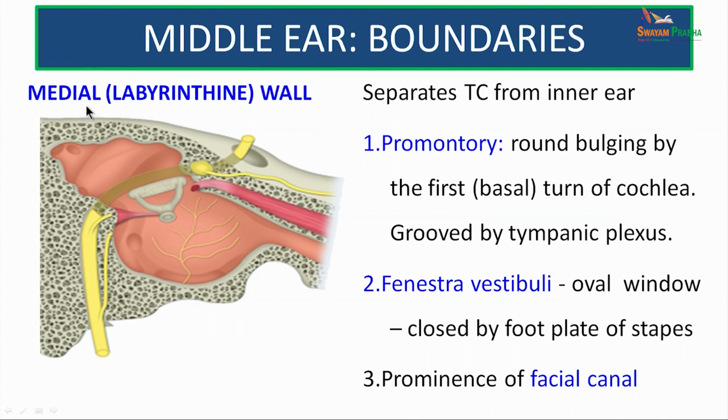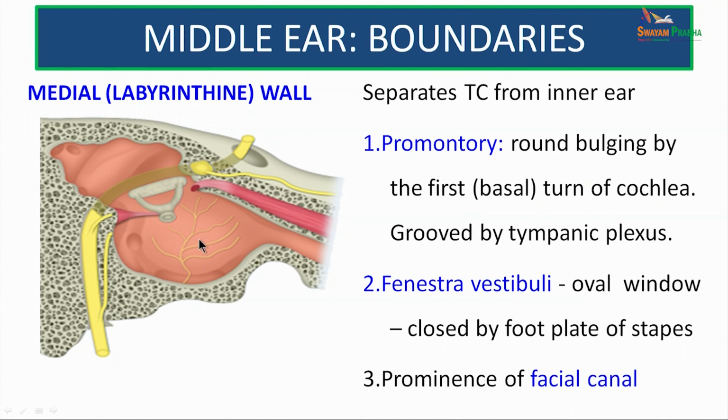The medial wall is also known as the labyrinthine wall, and it separates the tympanic cavity from the inner ear. The most striking feature is a large bulge called the promontory, caused by the first basal turn of the cochlea located in the inner ear. On the surface of the promontory, we have the ramification of the tympanic plexus, which might leave small impressions.